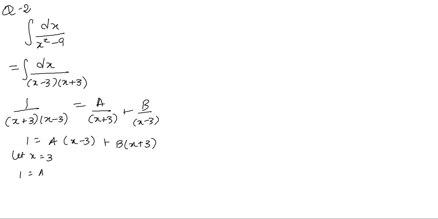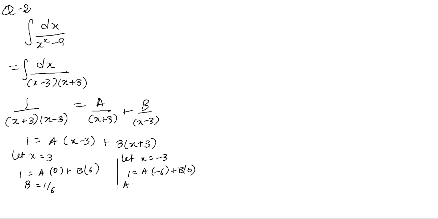So 1 into 1 is equal to a into 0 plus b into 6. So the value of b is 1 by 6. If I assume x as minus 3, then I will get a into minus 6 plus b into 0. So I will get a as minus 1 by 6.